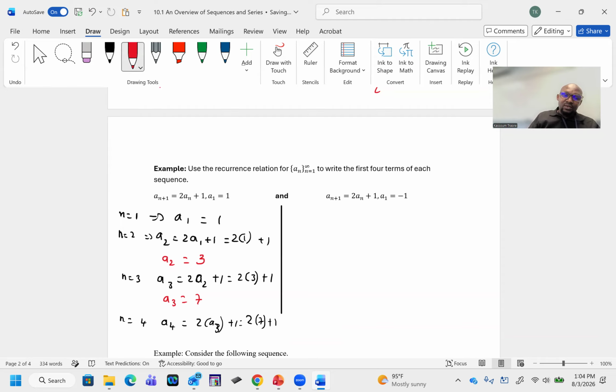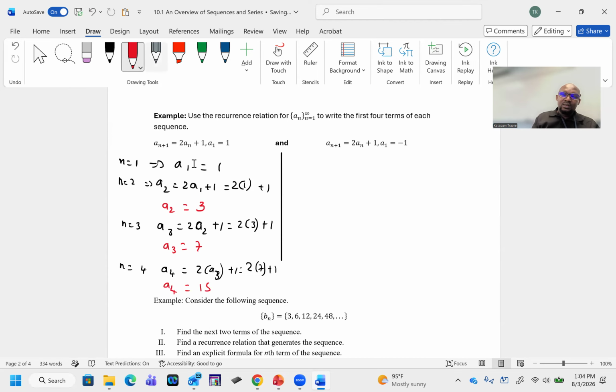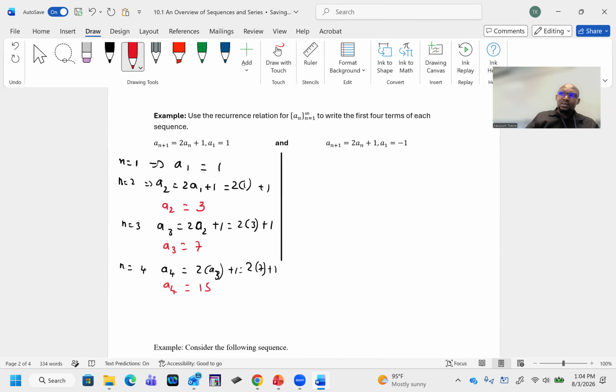So my A4 will be 2 times 7 is 14. 14 plus 1 is 15. So that means the first terms of this sequence will be 1, 3, 7, 15, and so on.